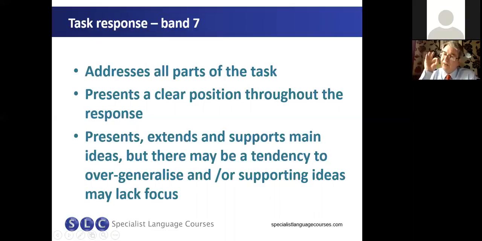So you may not nail it, you might not get it exact, because we're at band 7. You have permission to fail, or to not hit the center of the target. It hasn't got to be perfect. 7 is all we're looking for. So there is room for error, but if you generally follow this, then your task response will be good.